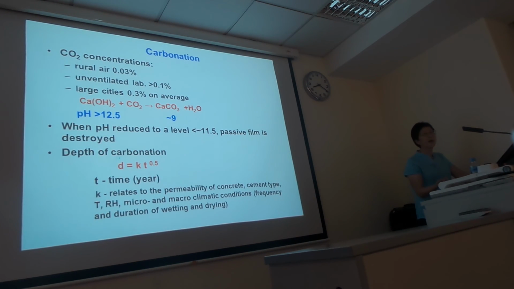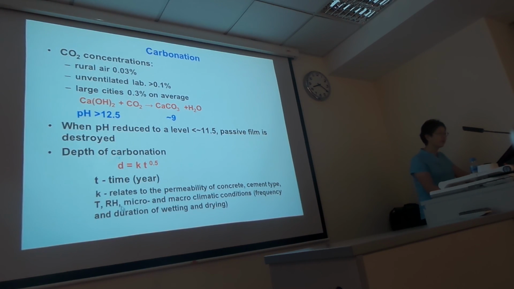If you have a high permeability, then the CO2 in the air can easily penetrate into the concrete, right? So the depth of carbonation will increase with time more quickly compared with a concrete with a low permeability. The other thing which affects K is the cement type.